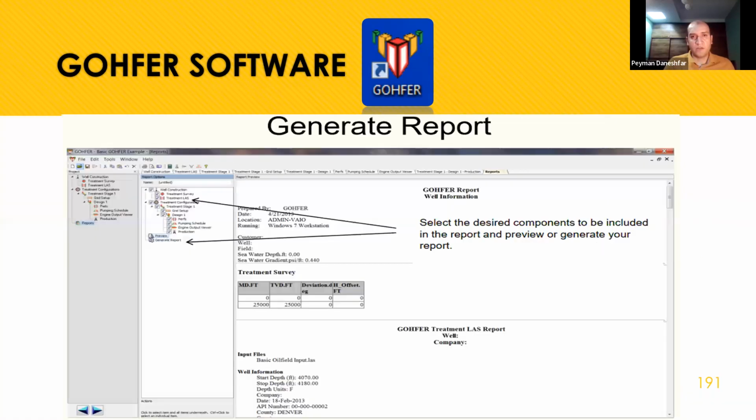You can see the production and generate a report, which you can find as a Word file or LAS report. After that, you can give it to your client.